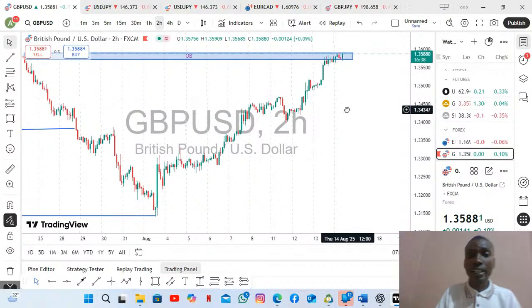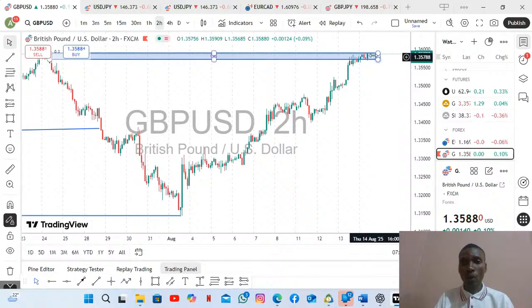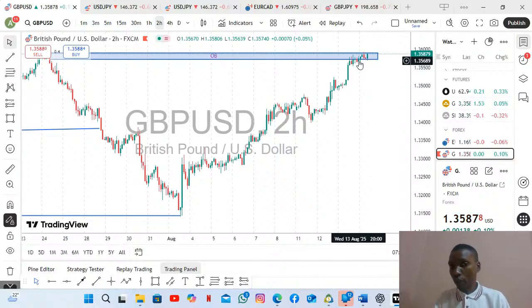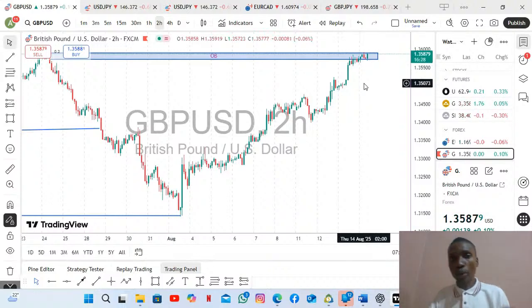So we expect a change of character. It is still going up, but we know that presently it's supposed to drop. So we will not do anything until we see the next move.